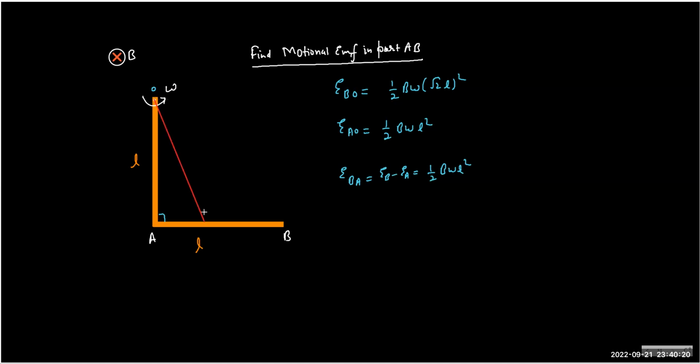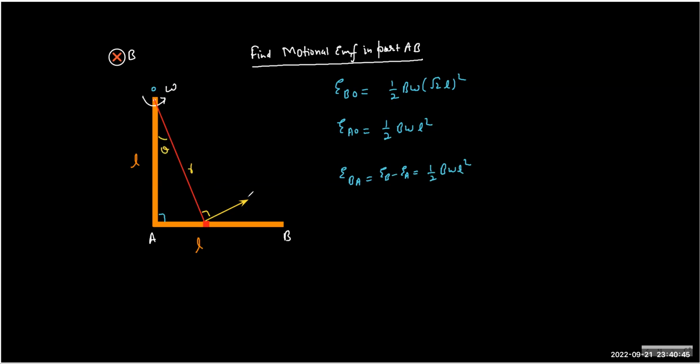Now, what if you want to do it by the basic method, really from scratch? So imagine an elementary portion here. If you take a small part here, the V vector here will be at this angle, a right angle to the radius vector, isn't it? Yes, sir.